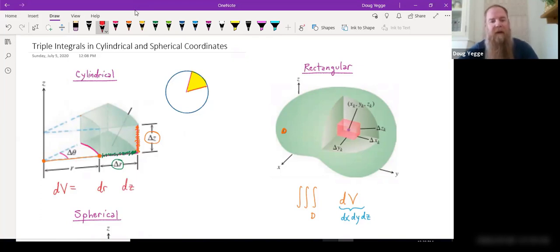But now what we've got to do is find out what this length is right here. And the way that I've done that is that I have created, just in 2 dimensions, this wedge right here, this yellow little sector.